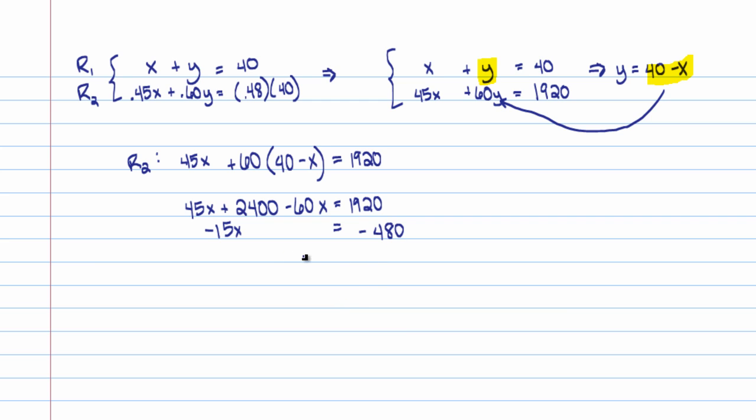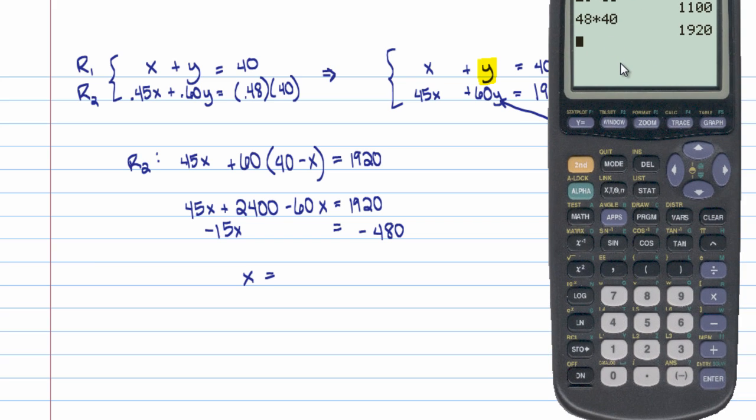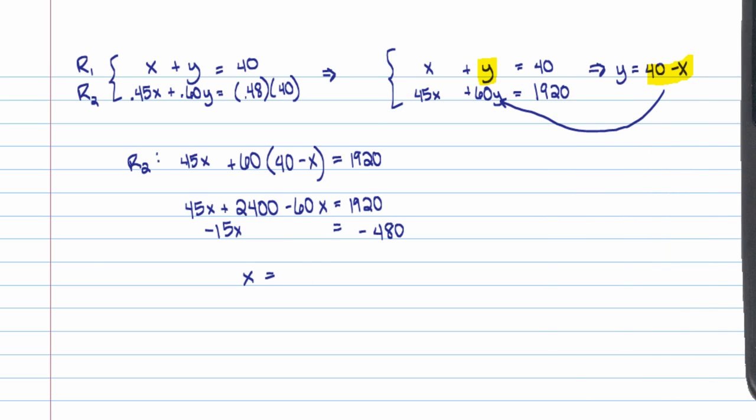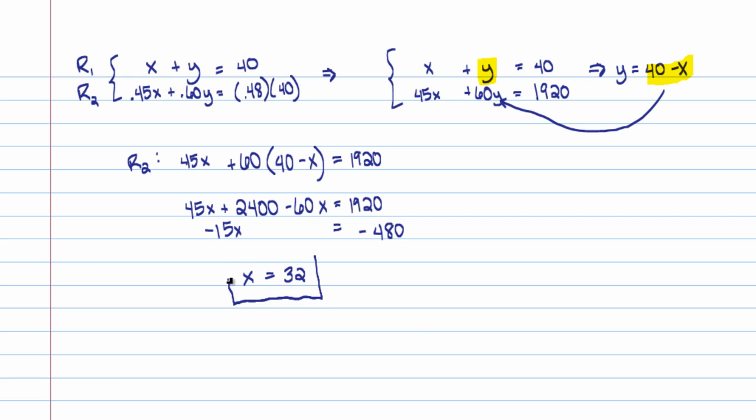And now I'll divide both sides by negative 15, and that one I'm going to go ahead and bring in a calculator really quickly and just do 480 divided by 15. The negatives will cancel, so that's not a big concern. Move this off to the side. I'll get x equals 32. So I happen to know that x is 32.